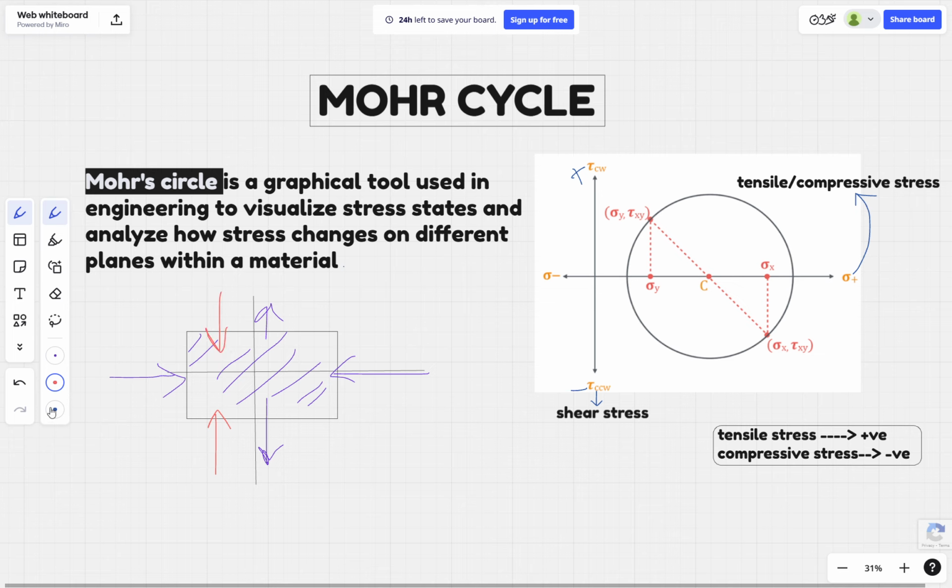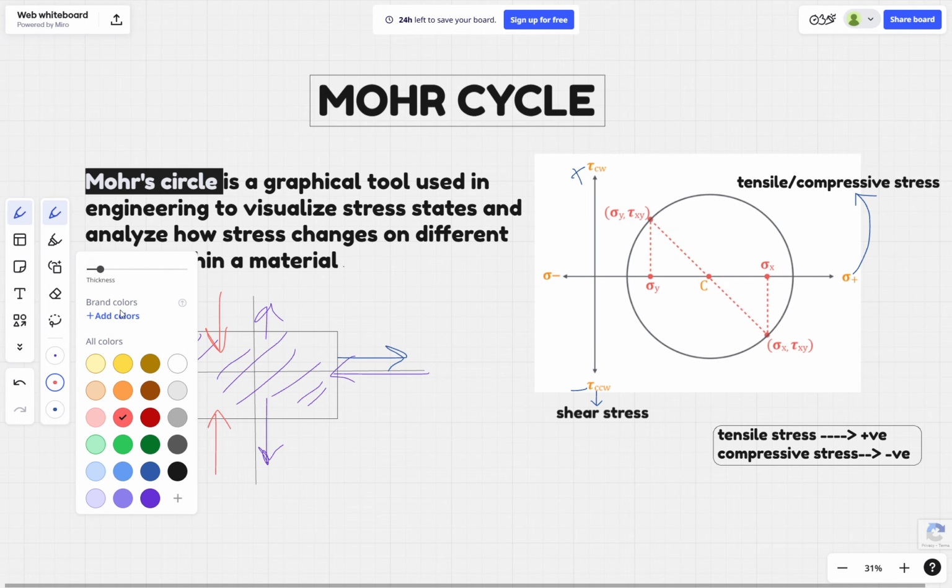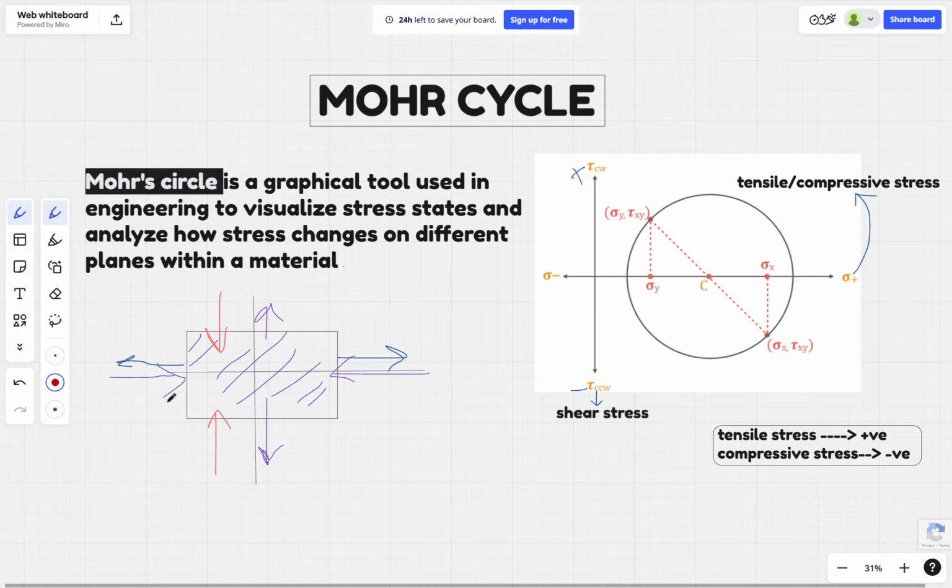So these are the situations that we are going to face. Here is another thing: if we say that there is the shear stress.